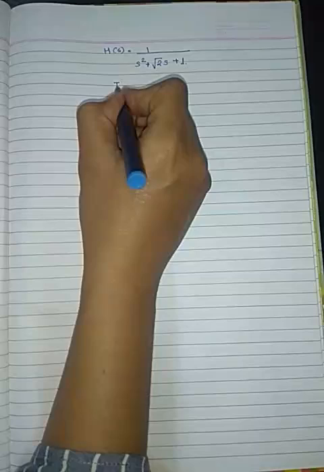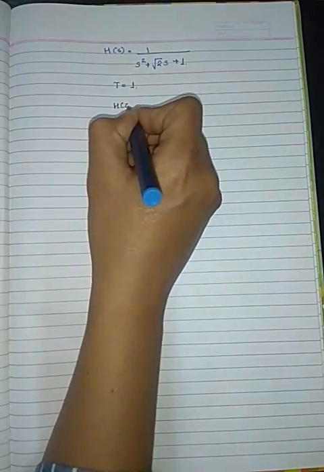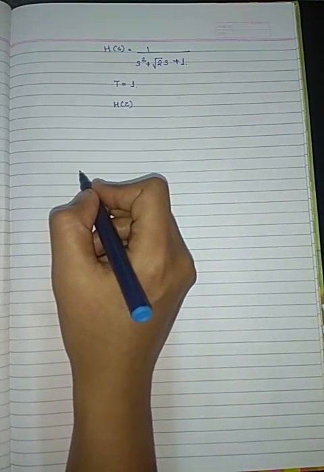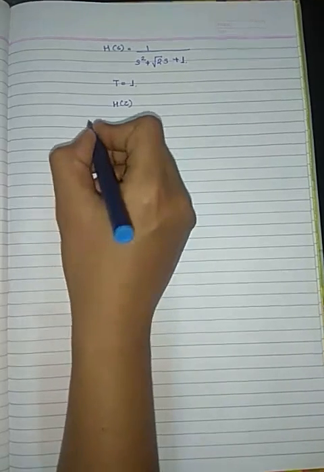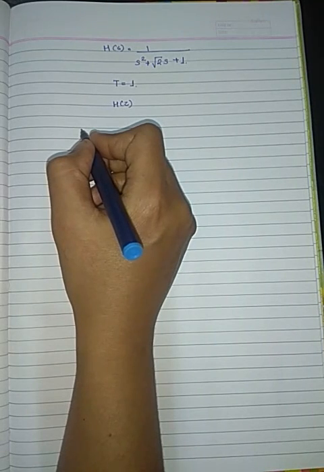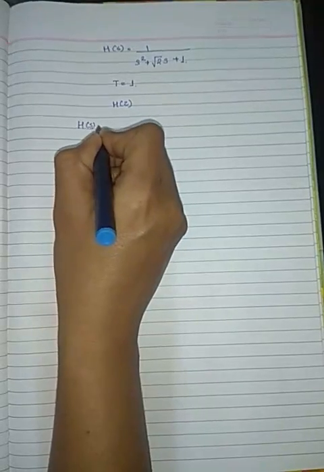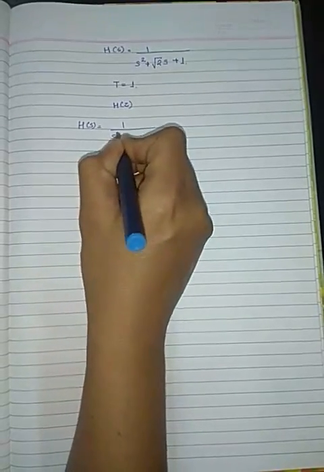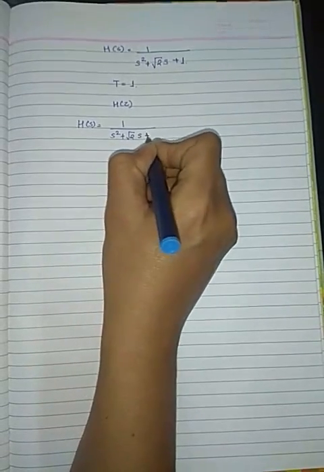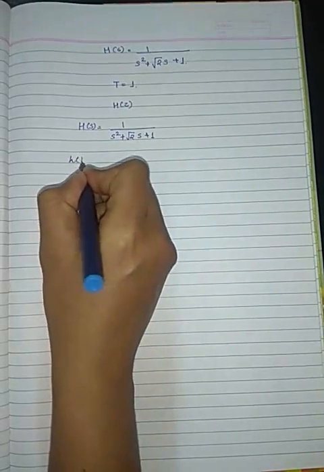The T is given, that is equivalent to 1, and we have to determine again H of Z. Now in this case H of S is provided for the analog filter. So we have to find out the H of t now.